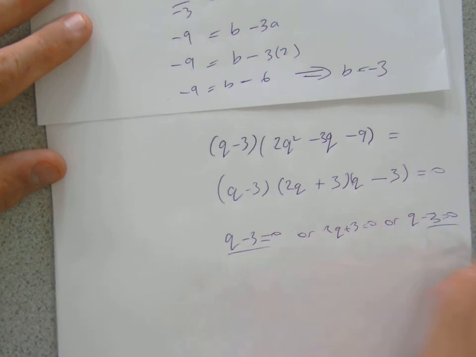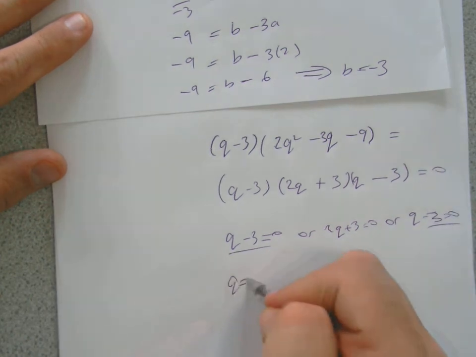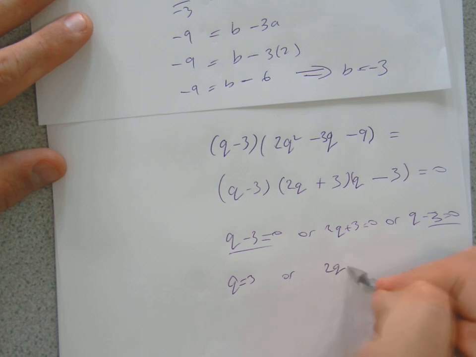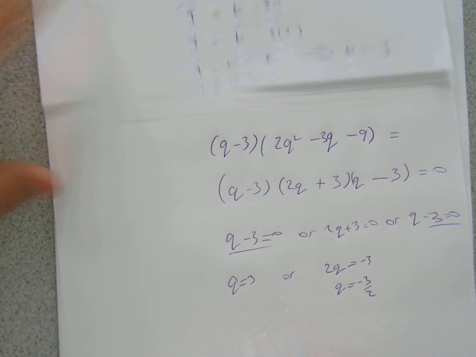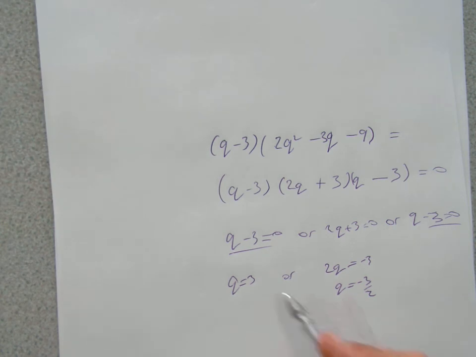Now you've got 2 of these occurring, so that means q equals 3, or 2q equals minus 3, which means q equals minus 3 over 2. Now q cannot equal 3. In my result, this actually corresponds to p.